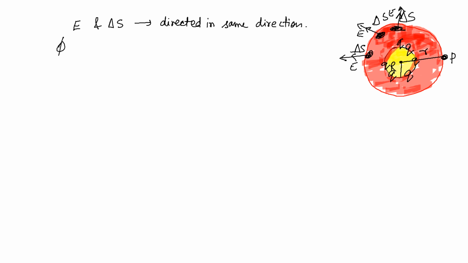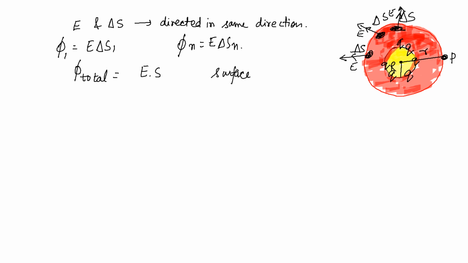So the flux for one surface element is E del S1. Similarly, the flux for the n-th element is E del Sn, and when we find the total flux, it comes to E into S. The surface area of a sphere is given by 4 pi r square.